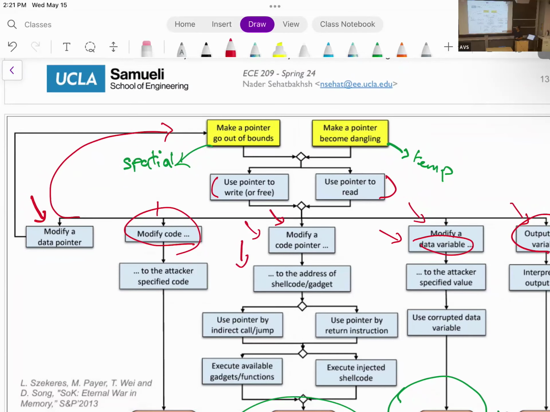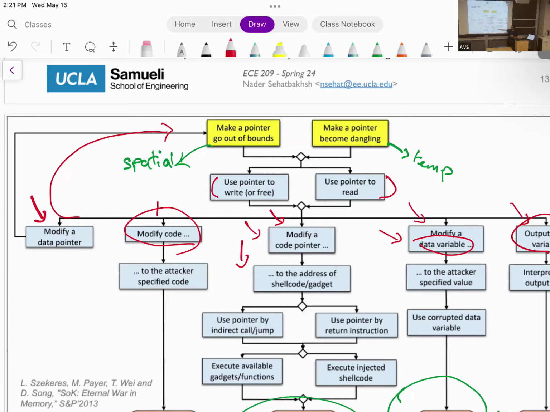So once I modify a code pointer, I point it to a particular address. This address could be the address of code that I injected myself. This is typically referred to as shellcode, which usually opens a shell, or it could be any other system calls or any other activities that you wish.